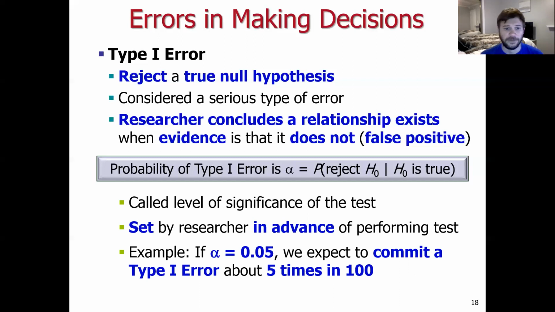We typically set alpha at 1%, 5%, or 10%, corresponding to the 99% level of confidence, the 95% level of confidence, and the 90% level of confidence that we had seen prior in our unit on interval estimation. So type 1 error, we're associating that with alpha. It is the probability of committing essentially a false positive.